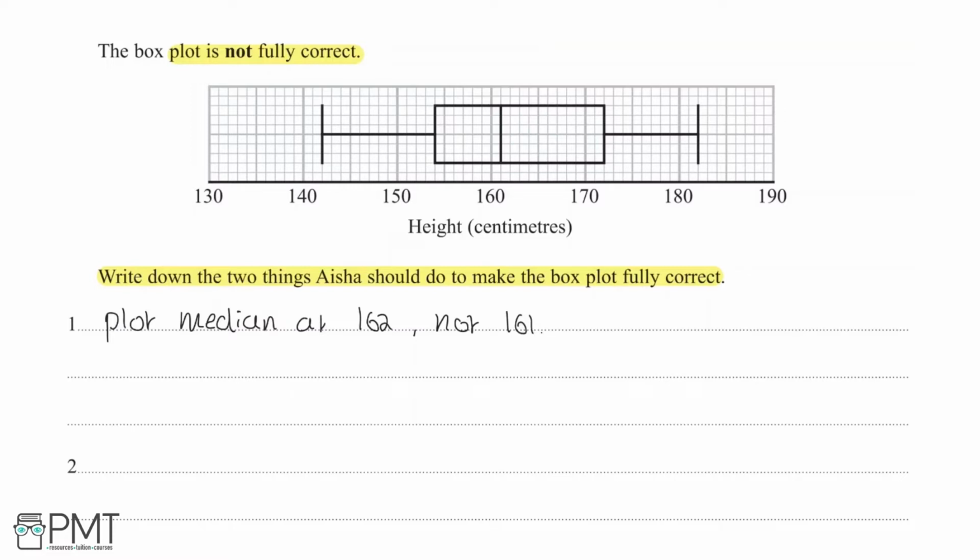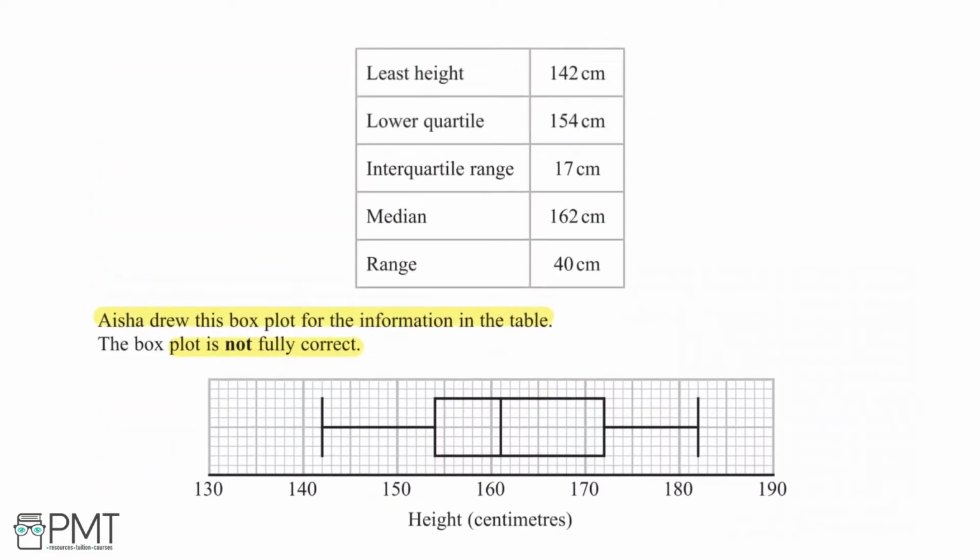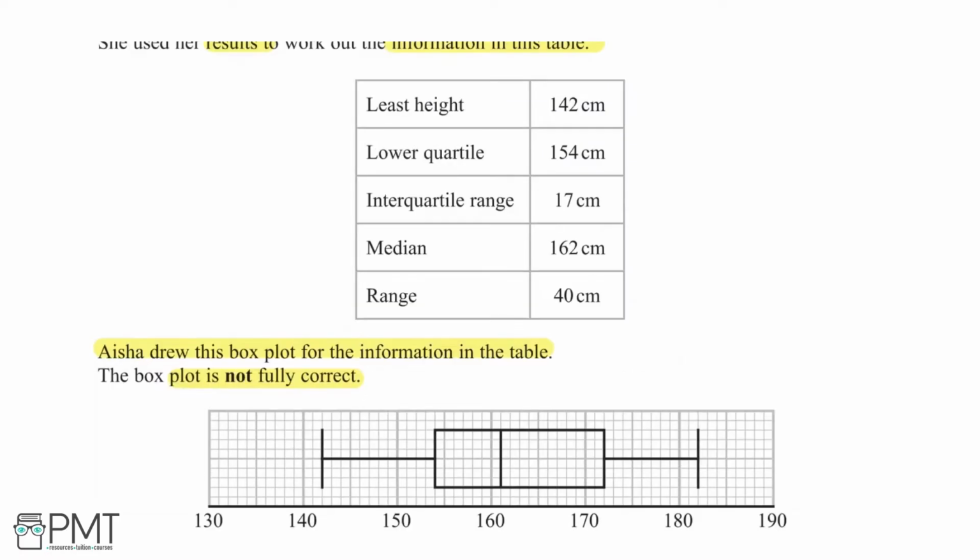The second thing is to plot the upper quartile at 171, not 172. Because we're not given the upper quartile, we do need to work it out. So we have 154 plus 17. If you put this into your calculator, you will get 171. So this means the upper quartile equals 171.